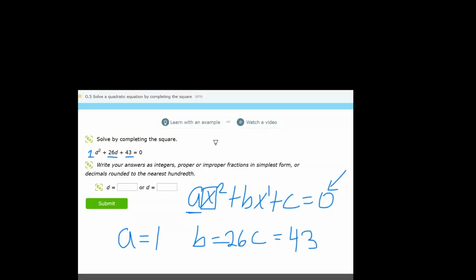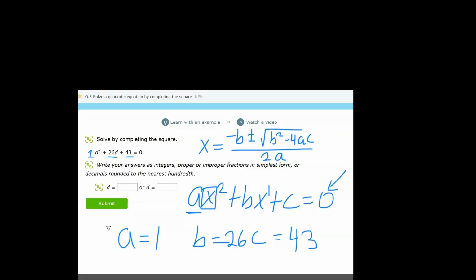Now, if you look at the quadratic formula on your GED formula sheet, it should say x equals negative b plus or minus the square root of b squared minus 4ac over 2a. We'll go step by step on how to use this formula.